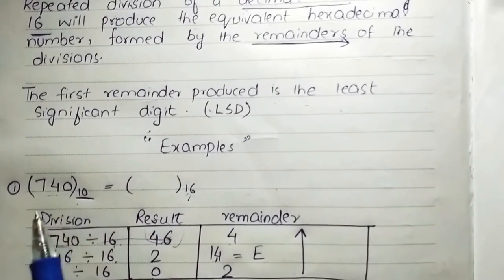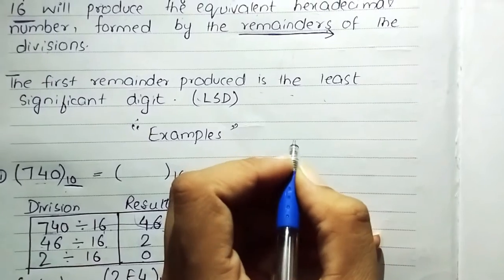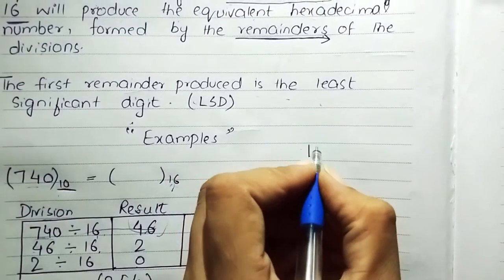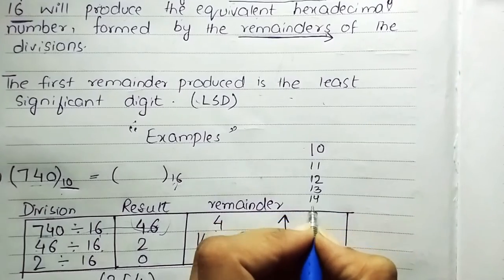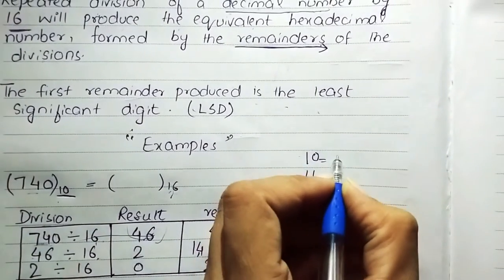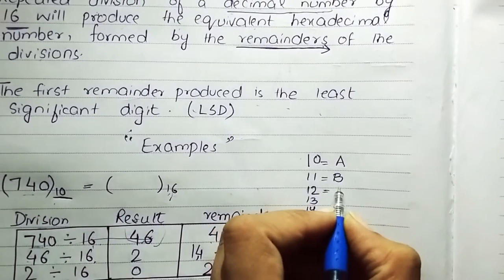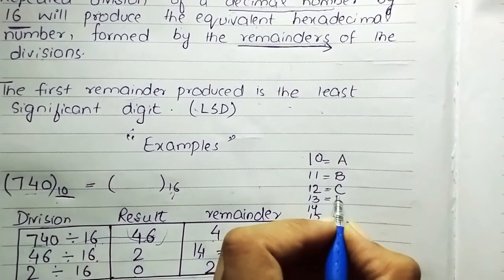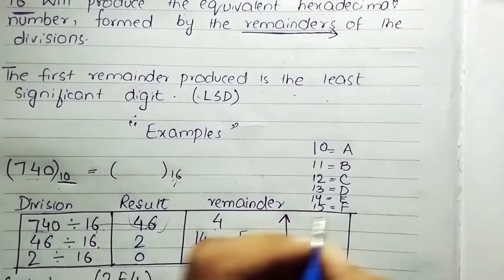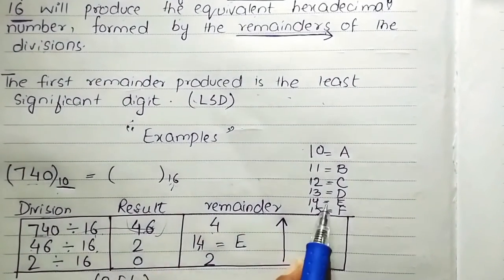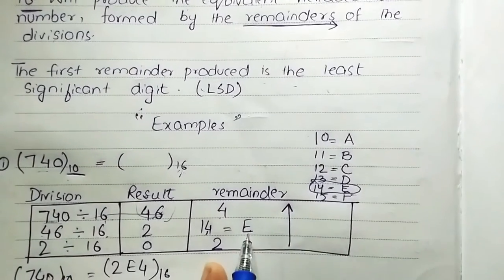Instead we will write A, B, C, D and E, as I have told in the previous video. 10, 11, 12, 13, 14 and 15. 10 is equal to A in hexadecimal, 11 is equal to B, 12 is equal to C, 13 is equal to D, 14 is equal to E and 15 is equal to F. So 14 is equal to E. We will not write 14, instead we will write E.